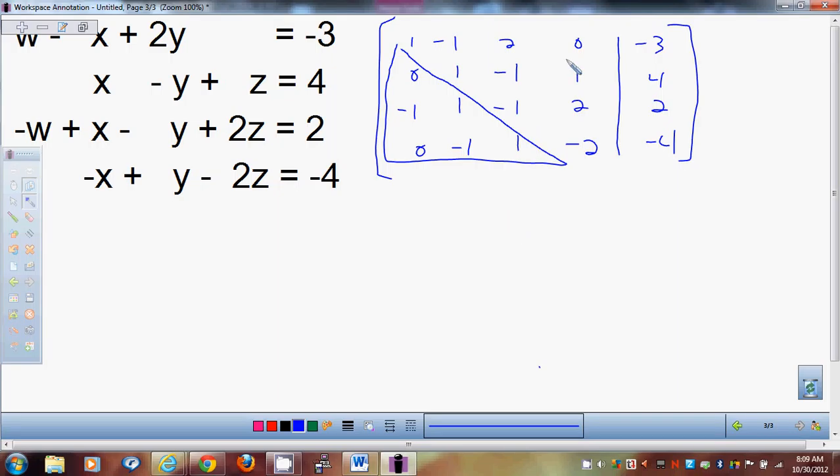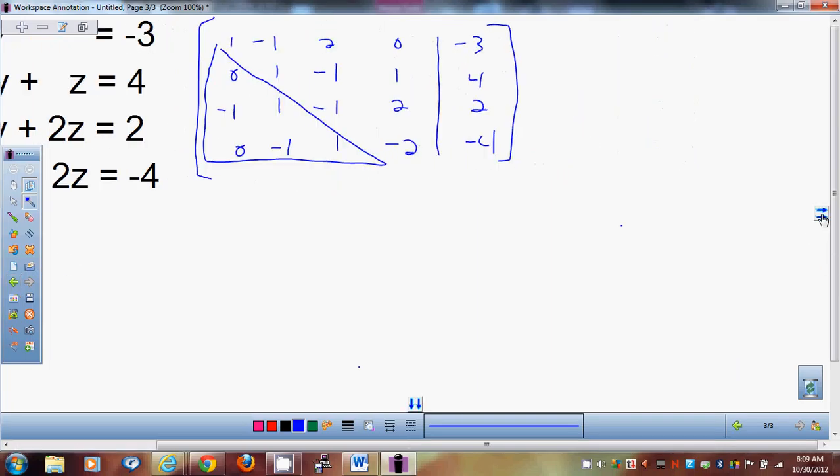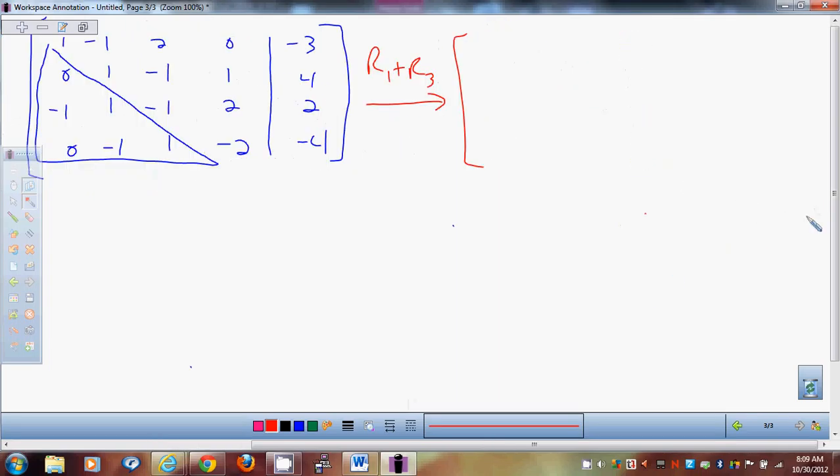Now remember, we're going to use the first row to knock out the first column, the second row for the second column, and the third row for the third column. What do I need to do to get rid of this? That's right. They're already reciprocals of each other, so R1 plus R3. What's the only row that's going to change in this matrix? Row 3. Very good.